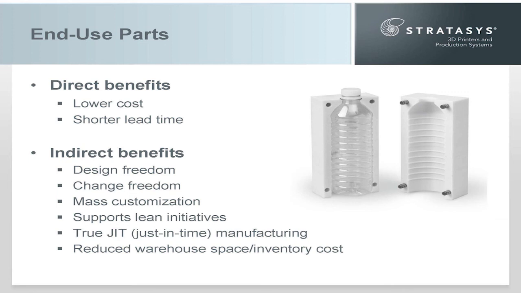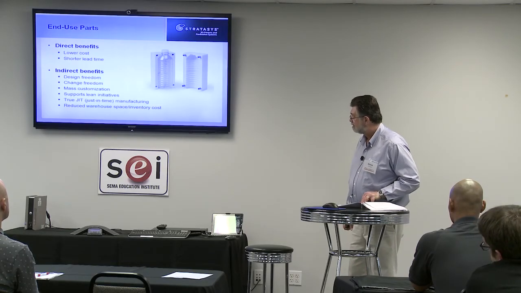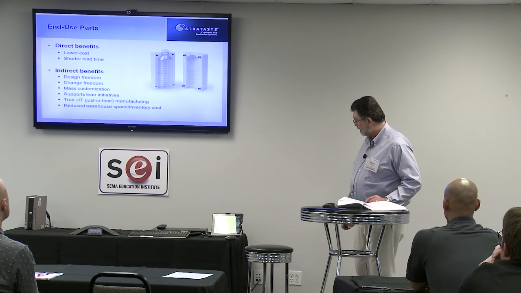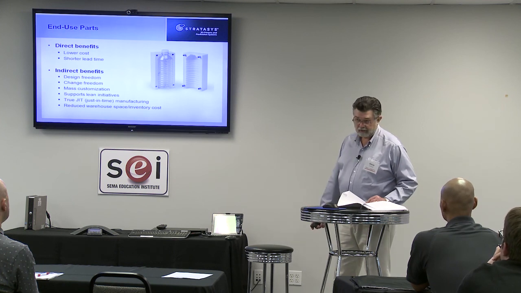It's easy to make another one. Here, they can make changes very easily. It isn't a major problem. Mass customization: they can customize it to the end use. It supports lean initiatives, just-in-time manufacturing, and it reduces warehouse space for tooling and parts because they don't need it.